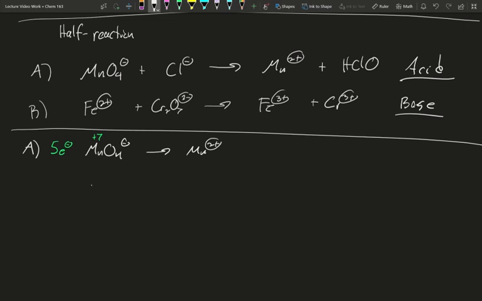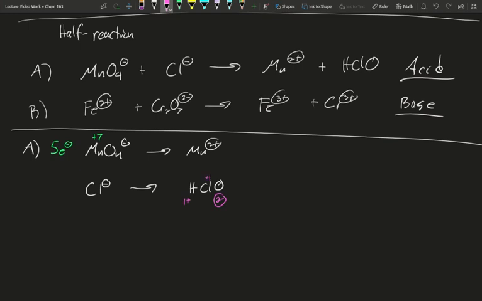Second part's going to be the chloride. Cl- is going to become HClO. Well, when I think about charges here, we were originally minus. Oxygen's more electronegative. We're going to generally assume it's got its charges. So there's 2 minuses here on the oxygen. Our hydrogen is generally going to be positive, so there's 1 positive. Well, this is a neutral molecule overall, so the only way to balance this out is if chlorine is also +1.